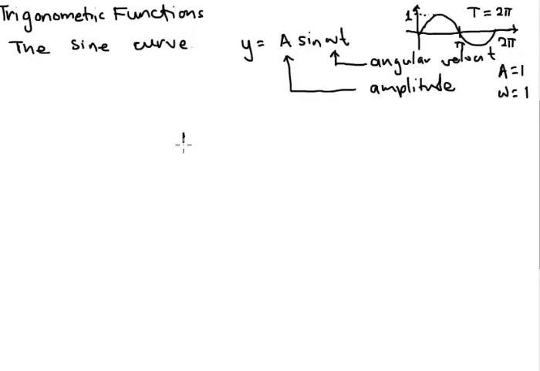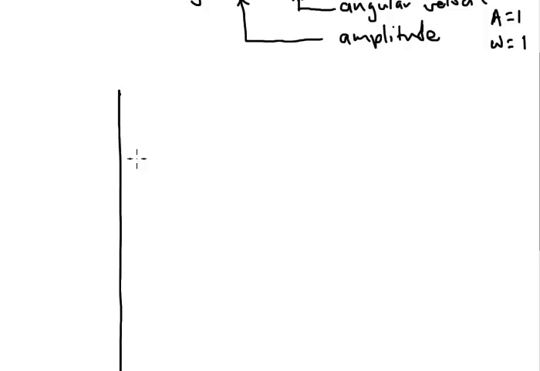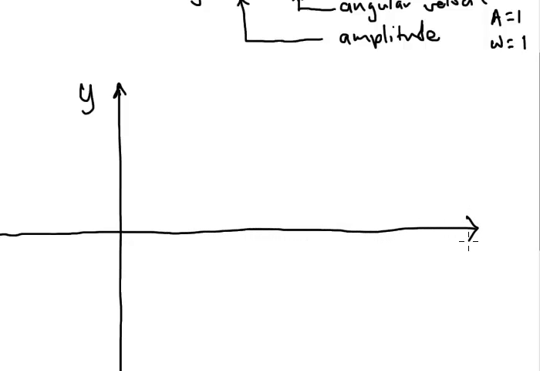Now for our discussion, let me draw a new system of coordinates here. Let's say we've got our vertical axis y, and then our horizontal axis. Let me say this is pi, this is 2 pi, this is 3 pi, and maybe this is 4 pi.